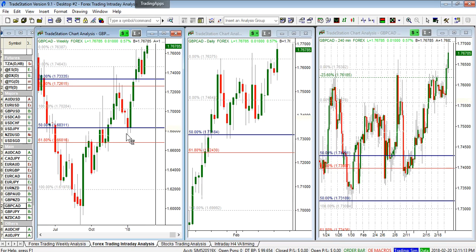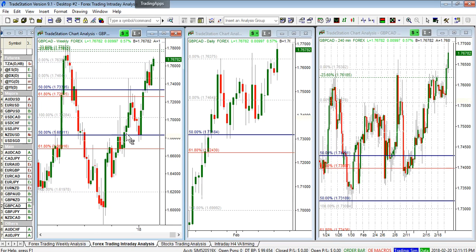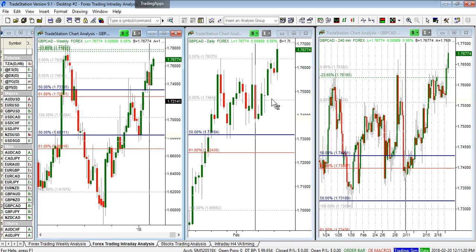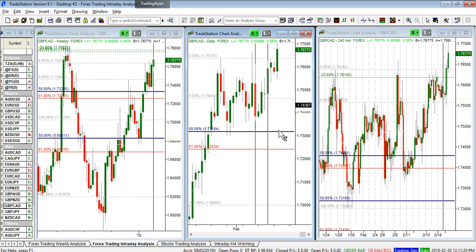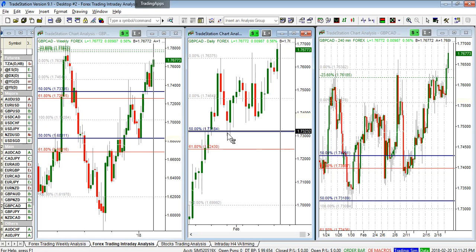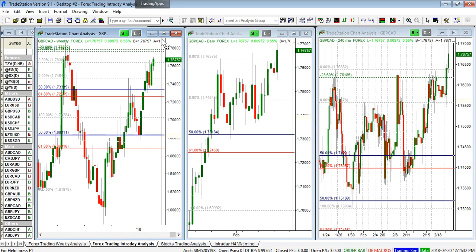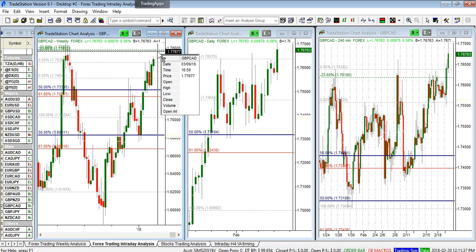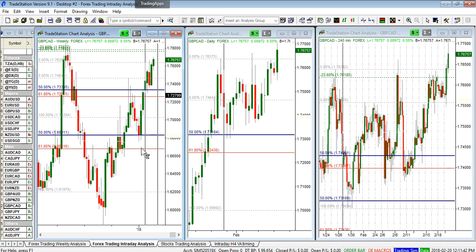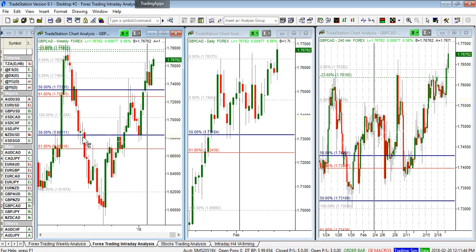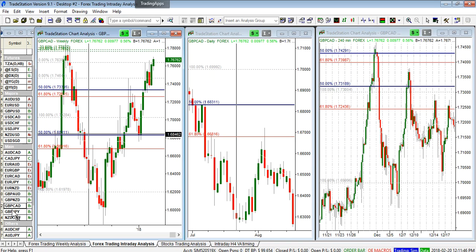The extension long in the pound Canadian dollar is still in play here, as we can see, and we mentioned that this market could come back and retest this level, but the 173.18 here, or 33, if we look at the weekly time frame, is still in play, and there are targets above. The 177.70, 80 area here are targets for the inner measure move, and the outer measure move, the 168.30 area.